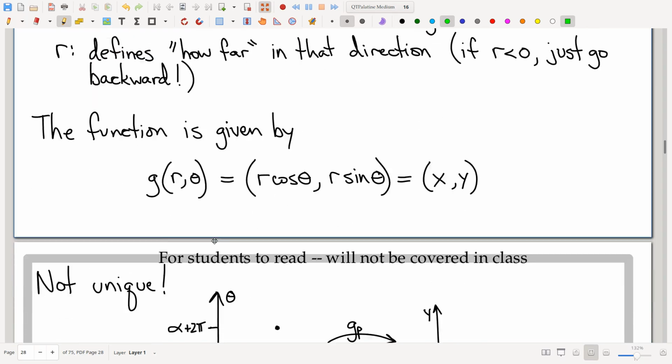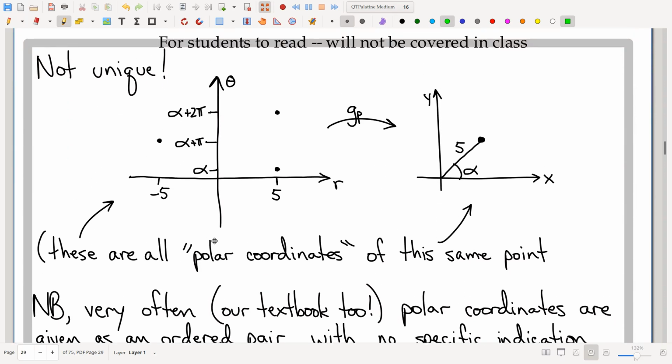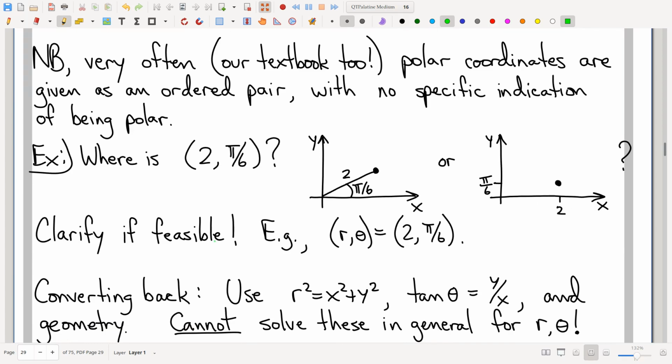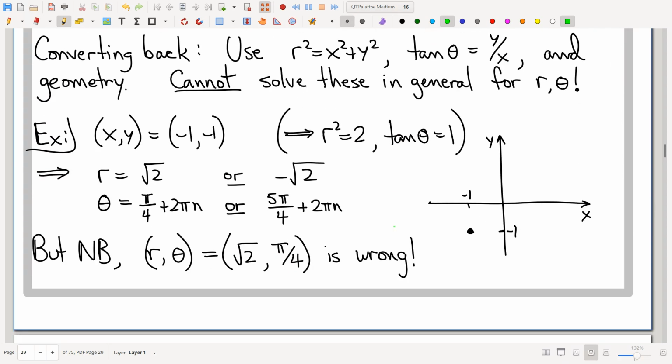Okay, all right, so with all of that reminded, we talked about the lack of uniqueness, and we talked about the unfortunate notational ambiguity, right? And so again, easy to clarify. All you got to do is just indicate, when you write an ordered pair, r comma theta equals, now everybody knows what you're talking about. Picking up there, how do you convert the other way?